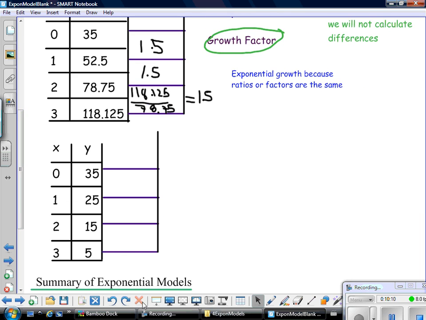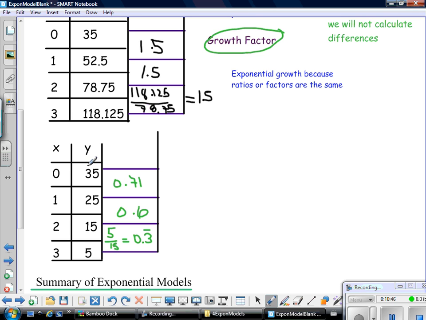Again, I'm going to take the 5 and divide it by the 15. When I do that, I end up with 0.3 repeating. If I do 15 divided by 25, I end up with 0.6. And 25 divided by 35 is 0.71 something or other. Now, because these are not the same number, it's not exponential.